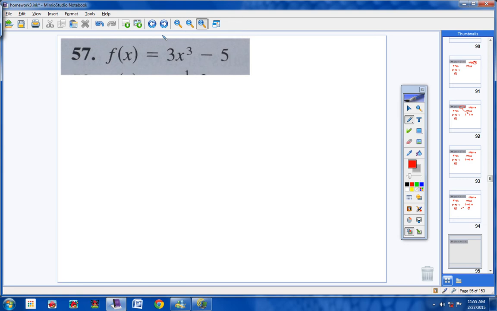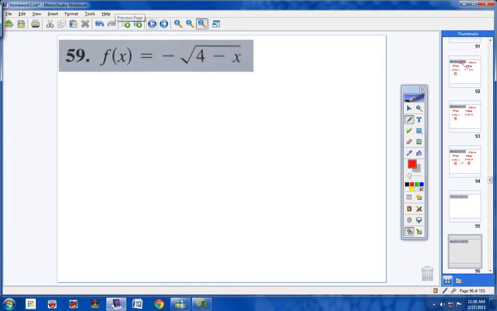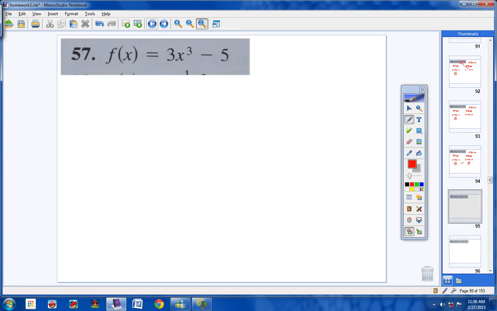The directions say to use the graphing utility to graph the function and determine whether the function has an inverse function. Okay, so very quickly with my graphing calculator, let me reach over and grab this here. First I'm going to turn it on, and then push y equals, and I'm going to type in 3x cubed.